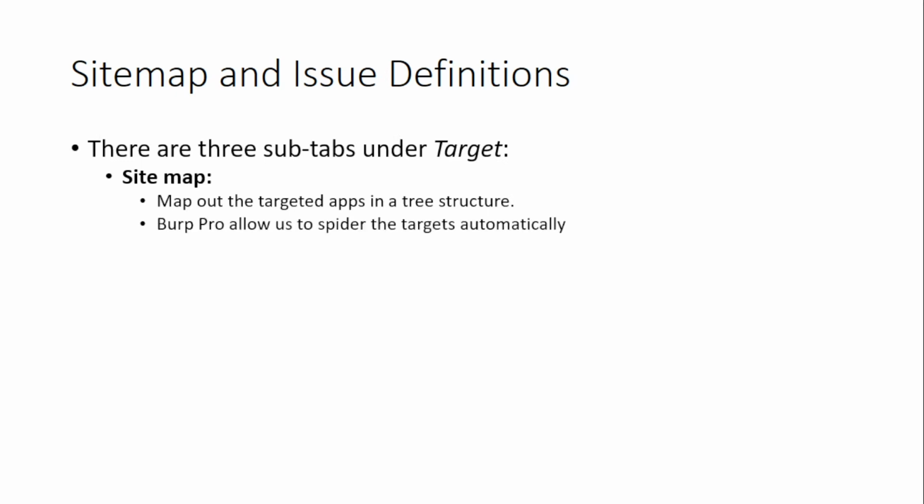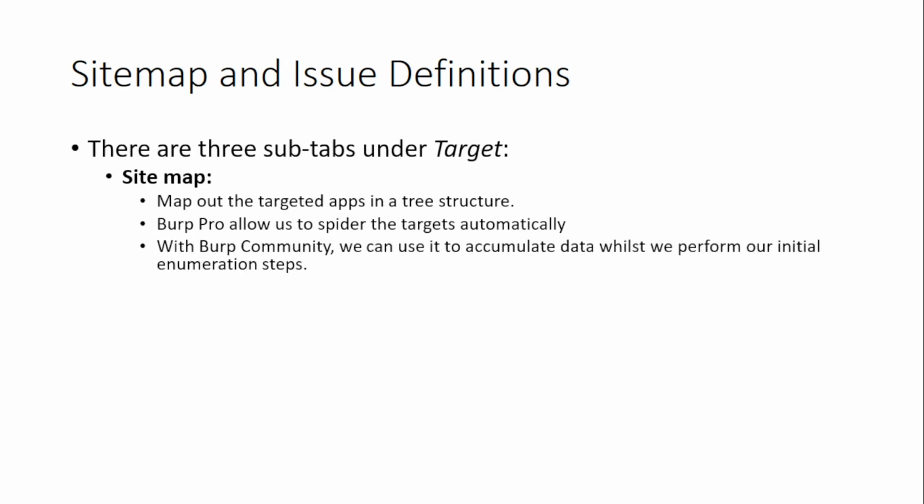Burp Pro would also allow us to spider the target automatically, meaning looking through every page for links and using them to map out as much of the site as is publicly accessible using the links between pages.